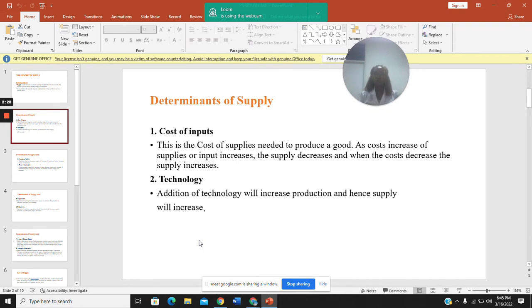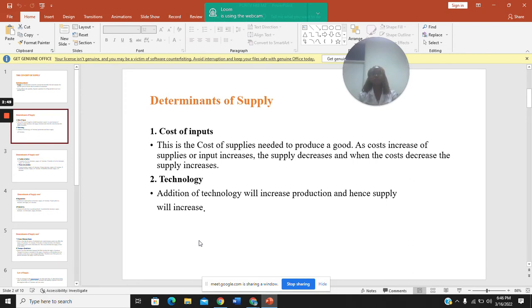Let's go to number two, which is technology. Addition of technology will increase production and hence supply will increase. This means that when you apply technology to your production process, your productivity will be high.